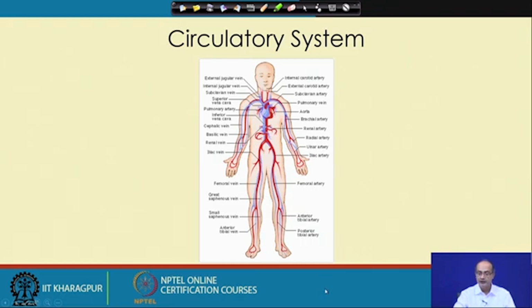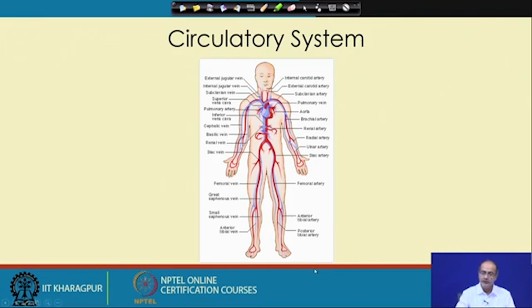It is carrying primarily oxygen as well as glucose to each of the cells, and then through the small blood vessels it comes back to the veins, and through that it reaches again the pump, that is the heart in our body.